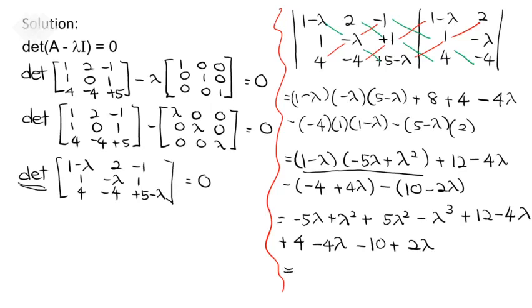So this one you can solve: minus lambda cube plus 6 lambda square, so lambda, negative 5, negative 4, negative 9, negative 4, negative 13, so plus 2, negative 13, 11, and then 12, 16, so plus 6.